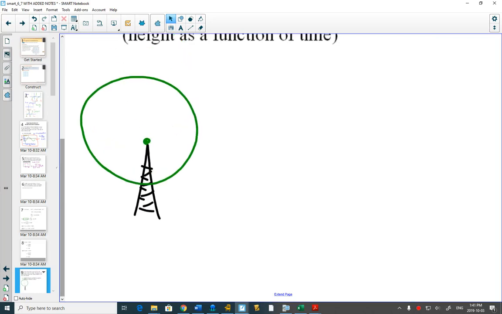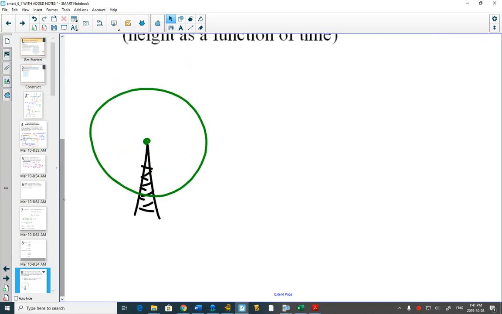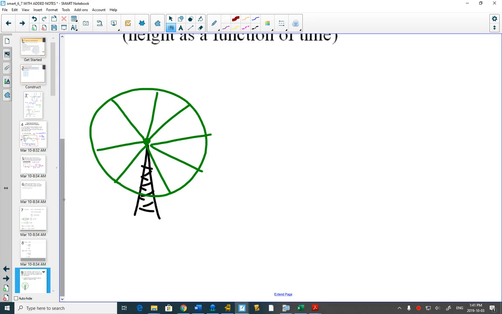There we go. Of course, it needs to be connected. This is the ride where you have chairs. Oh, you're having so much fun. And you go around and around.